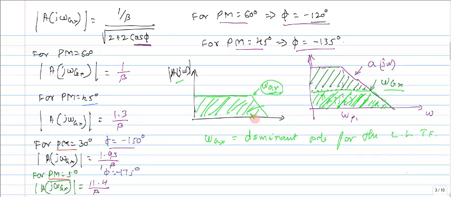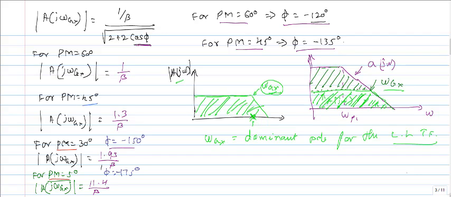Because if there is a pole, there will be a degradation. At this particular frequency, I might have a single pole or two poles, it doesn't matter. The point here is we are trying to relate this omega gx, which is a frequency term related to loop gain, to a pole of our closed loop transfer function.